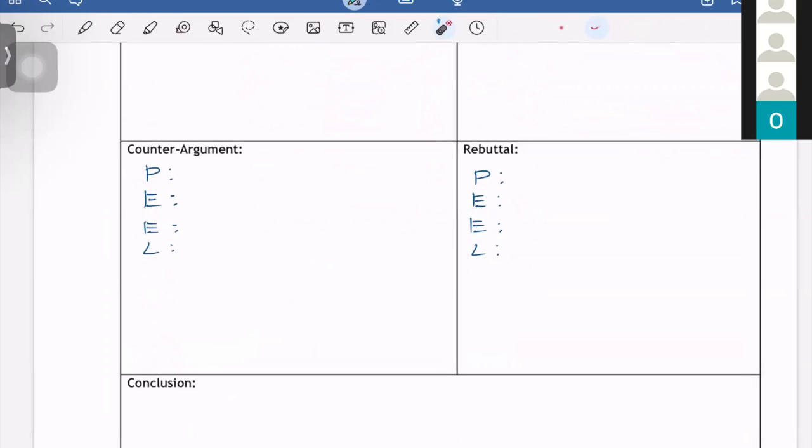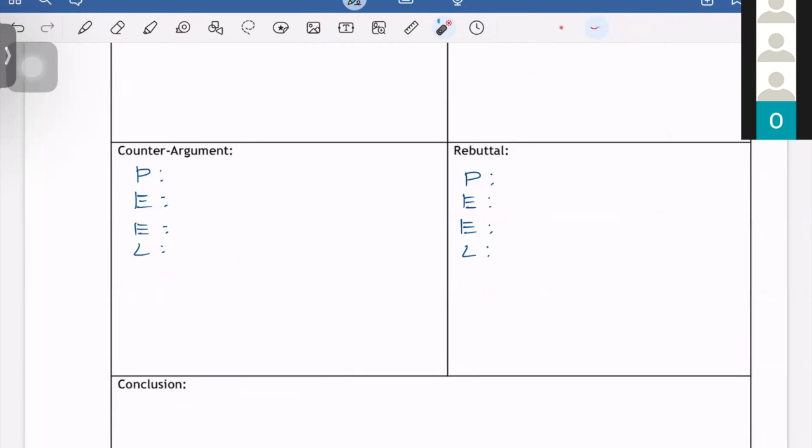So that means the flow of your entire essay, after your counter argument paragraph, the starting of your rebuttal, it should be something like, yet it is better to, because this rebuttal is in response to your counter argument.